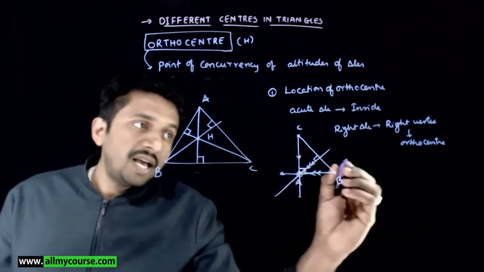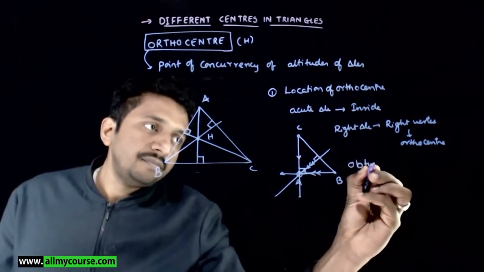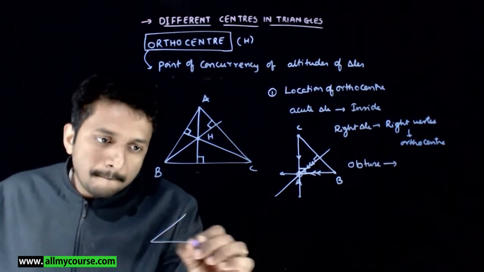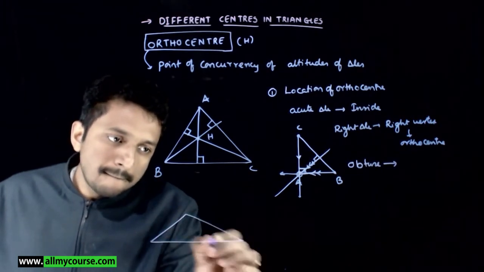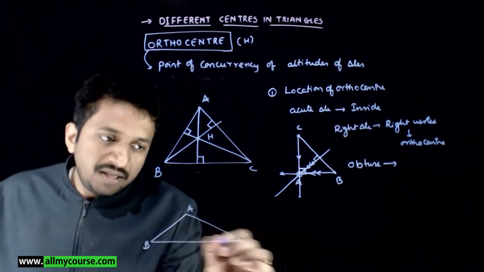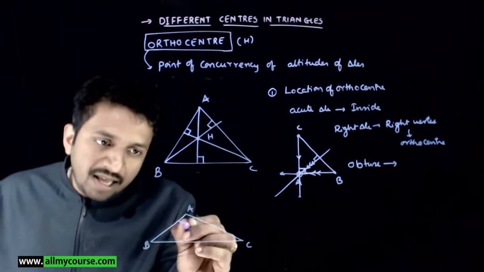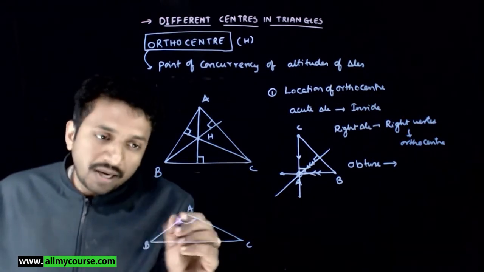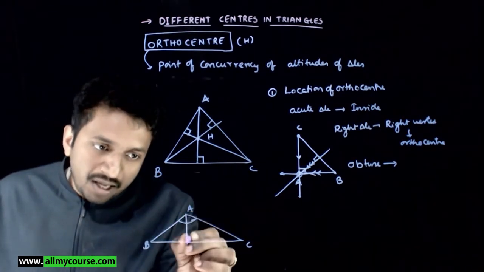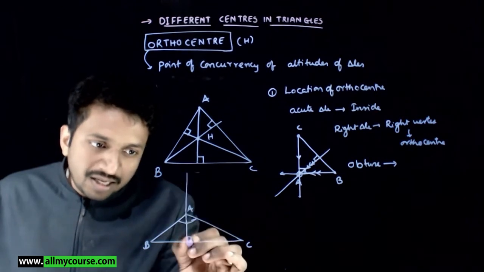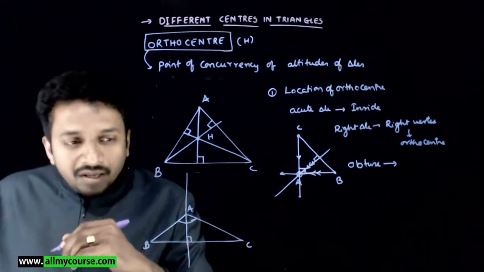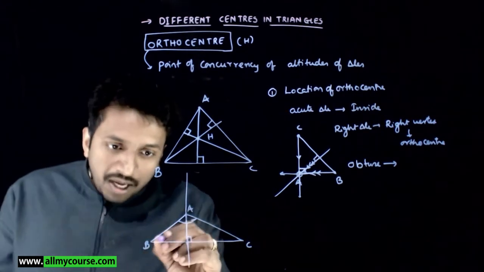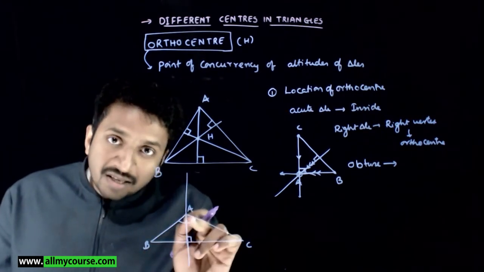And if you have an obtuse triangle, A, B, C, let us say that angle A is obtuse. So how does the orthocentre look? If you draw the altitude from A, it will be like this. So if you extend it, this is the altitude. Now, how does the altitude from B look? You cannot draw the altitude like this because this angle is an obtuse angle.